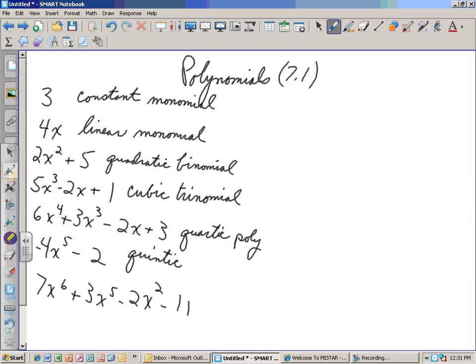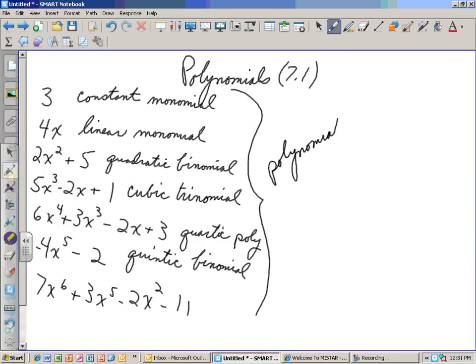And specifically, because it only has 2 terms, it is a quintic binomial. Right? And so that's how we classify these polynomials. They are all polynomials. All of these are polynomials.